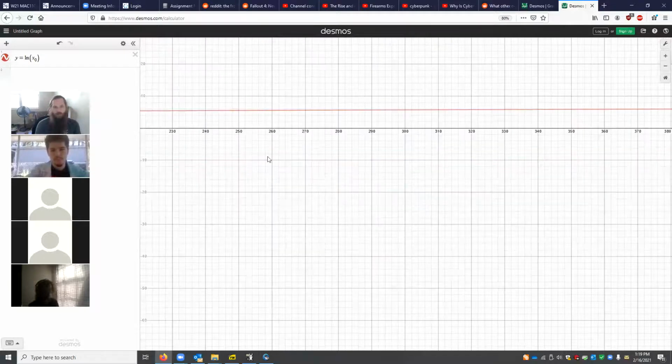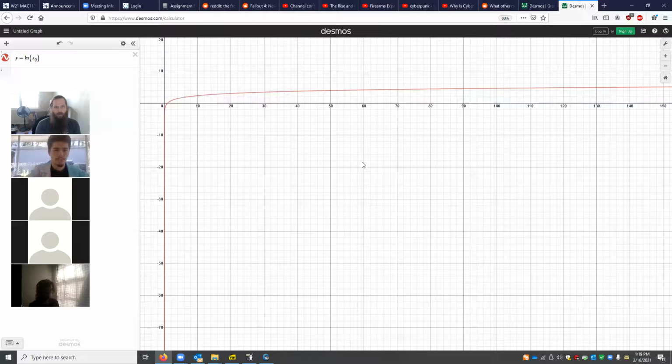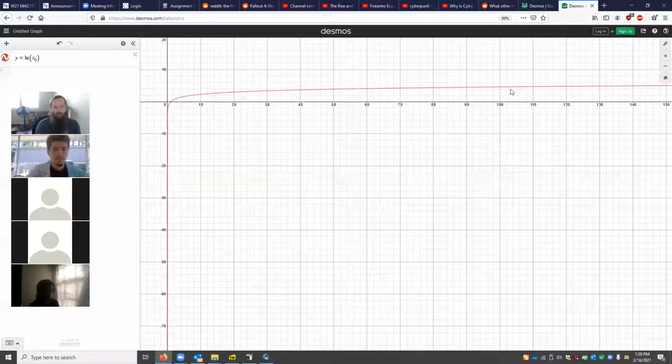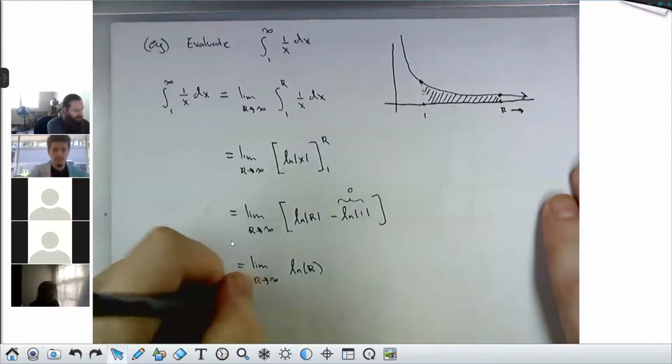So remember, the range of the natural log function is actually all real numbers, right? It might not look like it, but this piece does grow bigger and bigger and bigger. So the limit as r goes to infinity of the natural log of r is plus infinity.